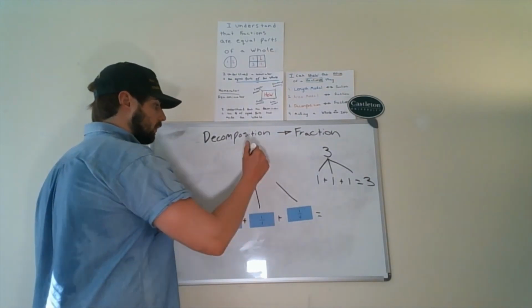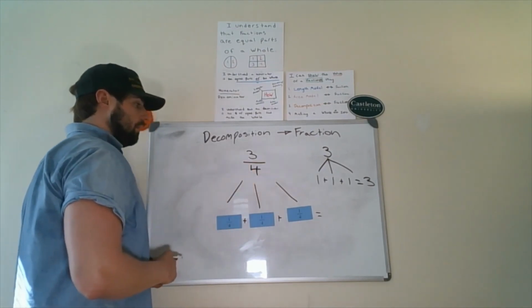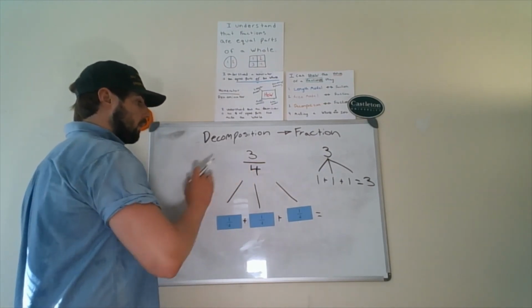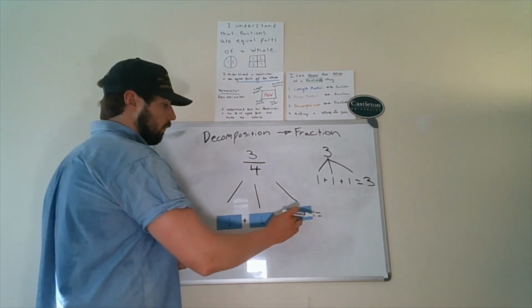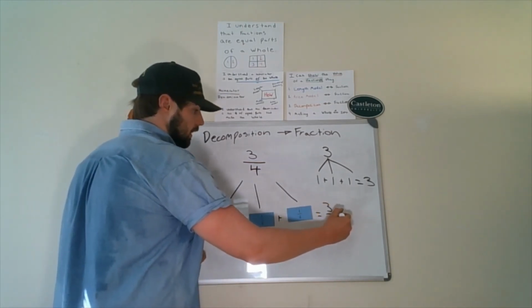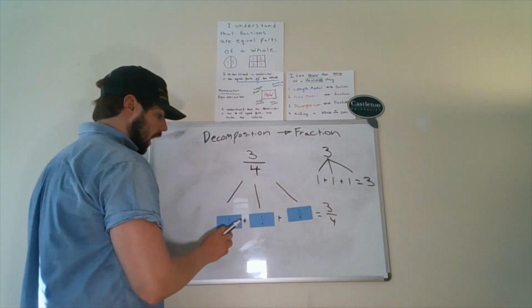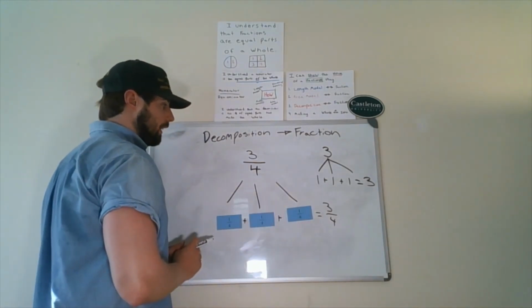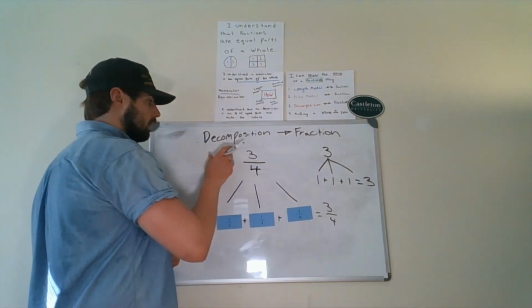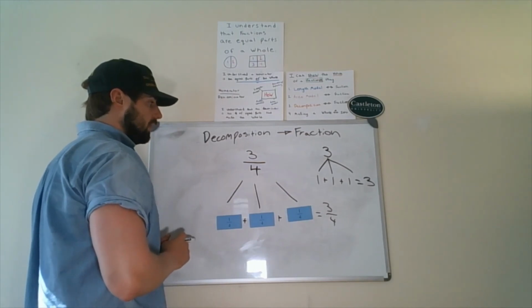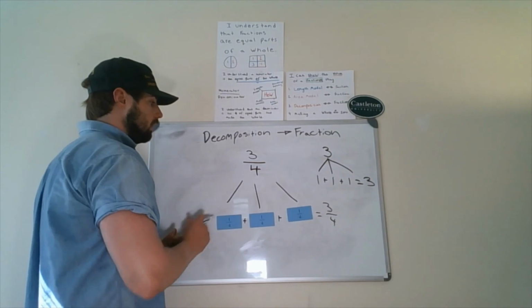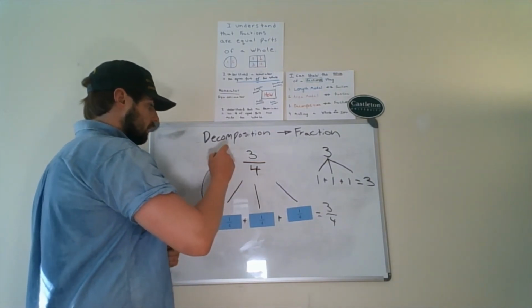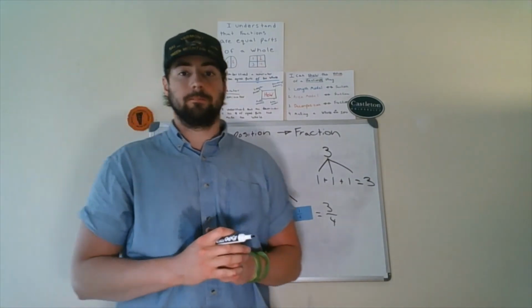We're talking about 3 parts of that whole. 3/4. 1/4 plus 1/4 plus 1/4 is 3/4. Our parts that make the whole do not change, but the parts we do have can change. Decomposition expression, showing it as a fraction.